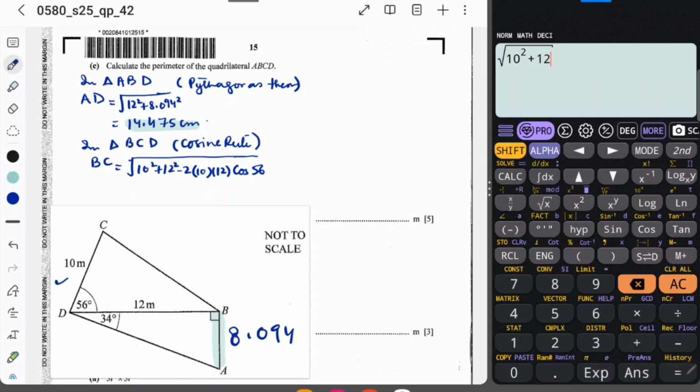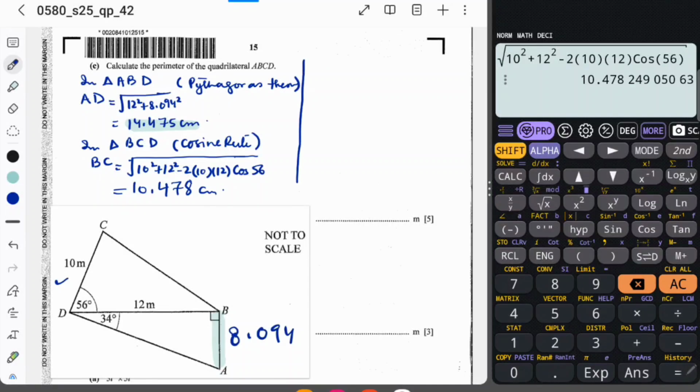So this is the square root of 10 square plus 12 square minus 2 times 10 and 12, then cos of 56, and then bracket close, and this is your answer, that is 10.478.